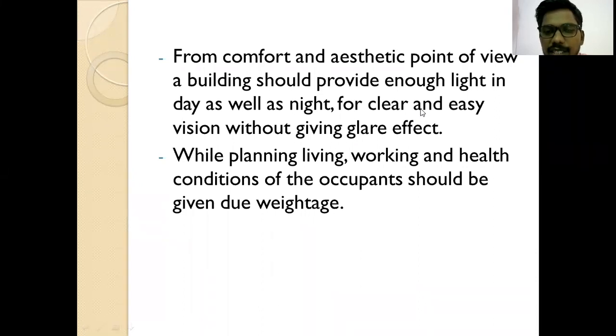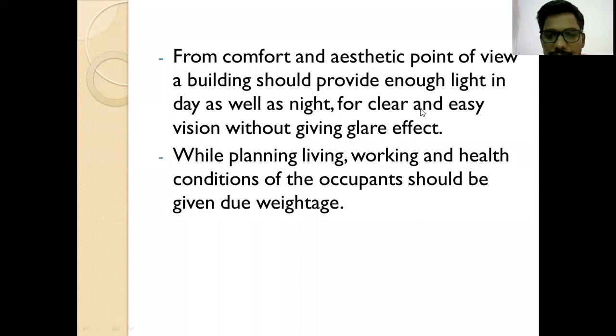And that daylighting we should get clearly from the right direction without glaring effect. So by considering that, we have to fix the position of the windows as well as the number of windows, how much clear opening we have to provide in that particular building or for that particular unit. So we have to consider these things.